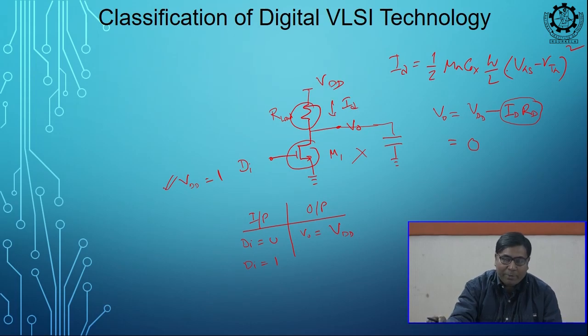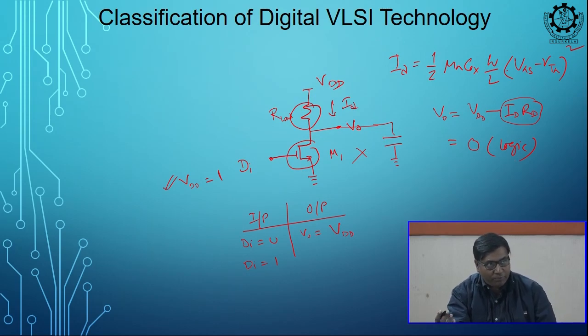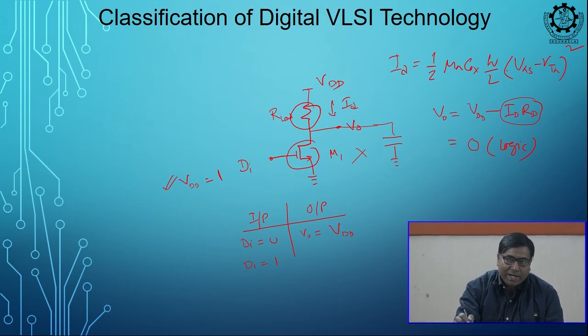So, that this 0 is not exactly 0, this is logic 0. This value may not be 0, but the level will be considered as a 0. This is logic, not an actual value; it may not be 0, maybe 0.2, 0.3. We have to solve the actual circuit and check, but this is the idea.